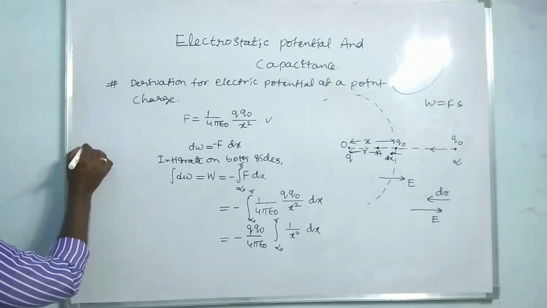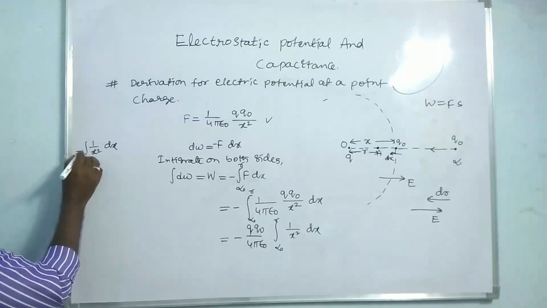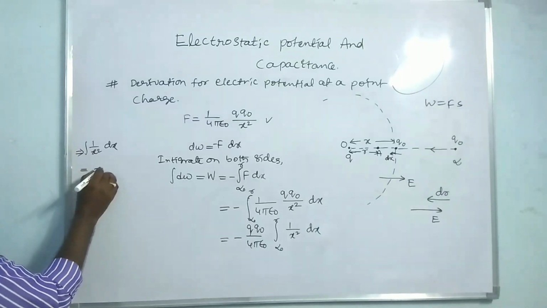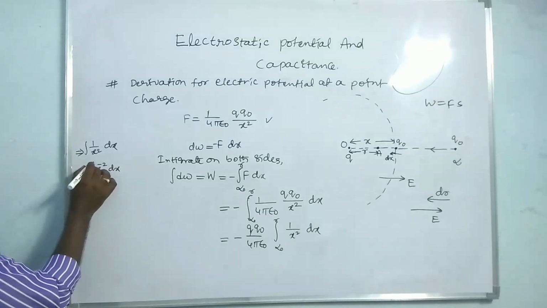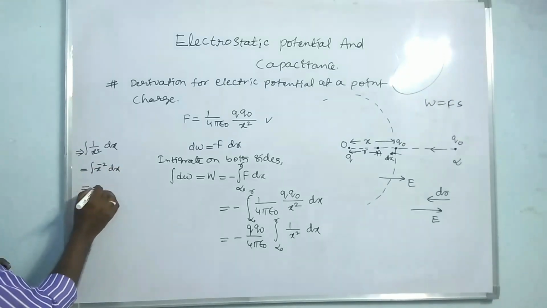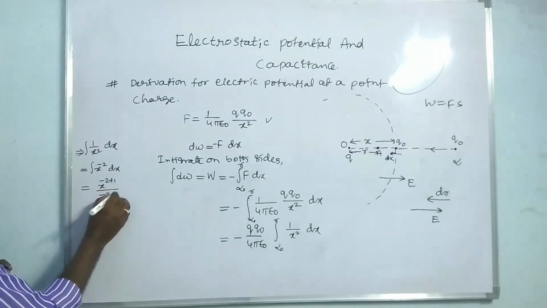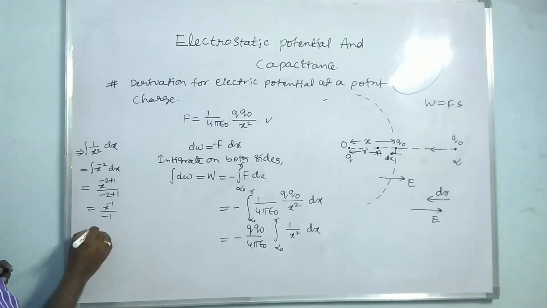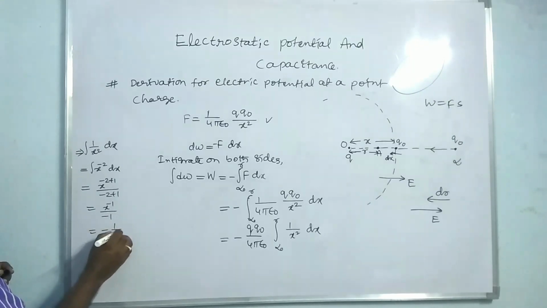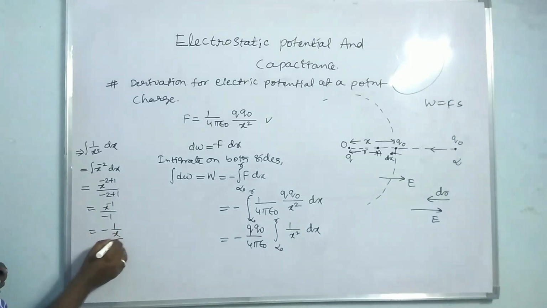The integral of 1 by x square dx is the integral of x power minus 2 dx, which equals x to the power minus 2 plus 1 by minus 2 plus 1, that is x power minus 1 by minus 1, which equals minus 1 by x.